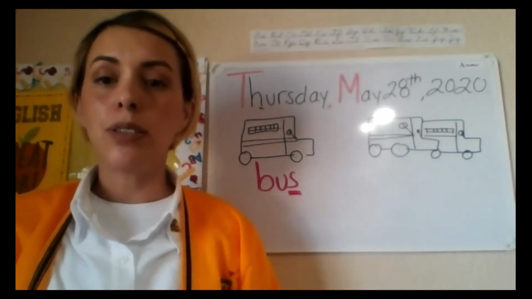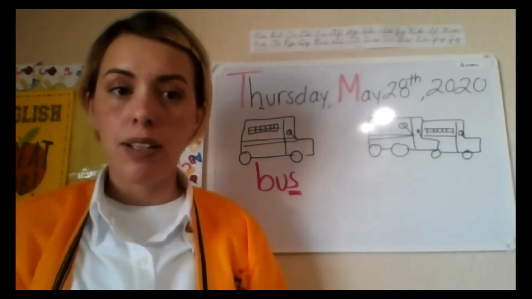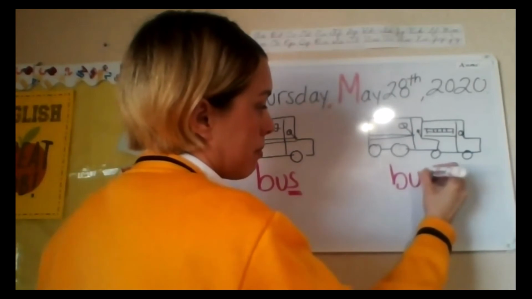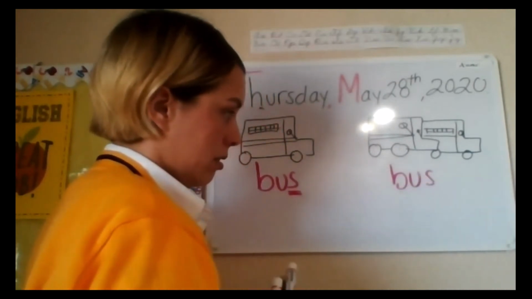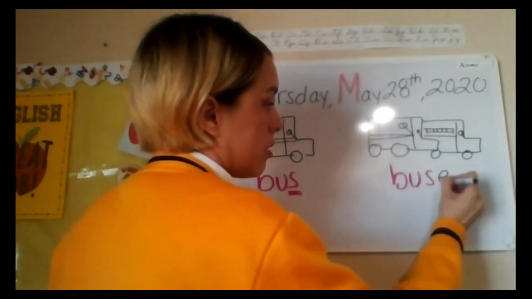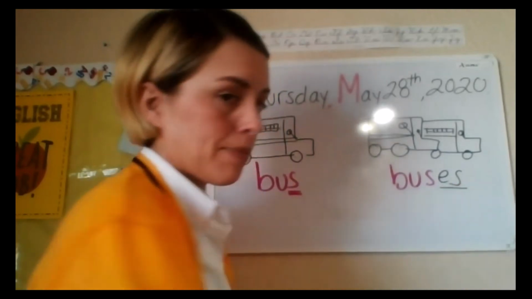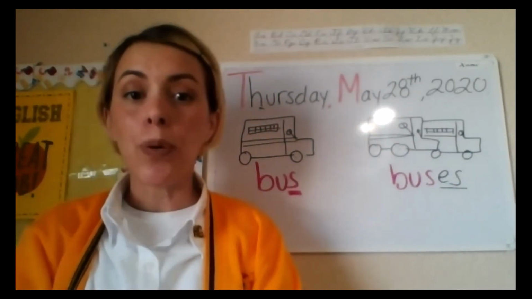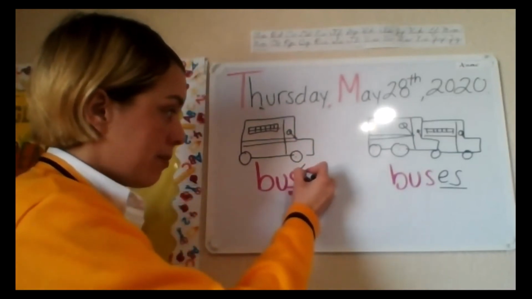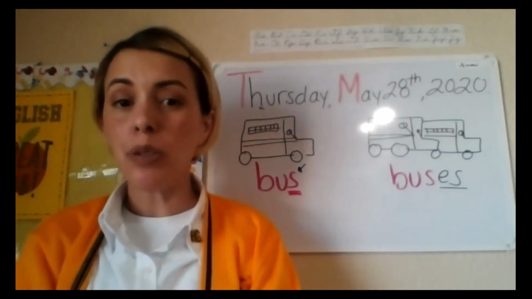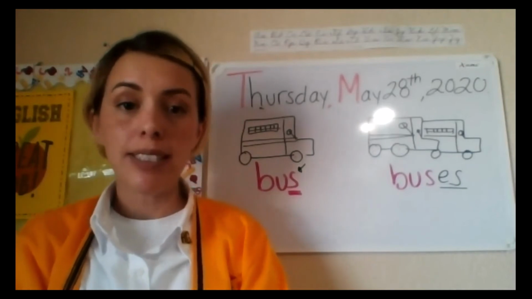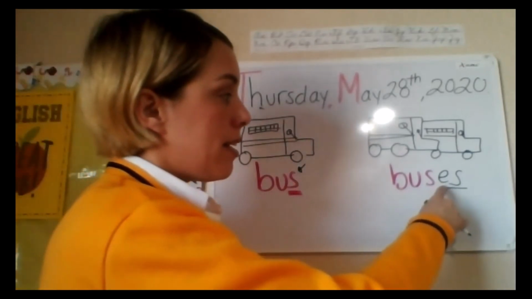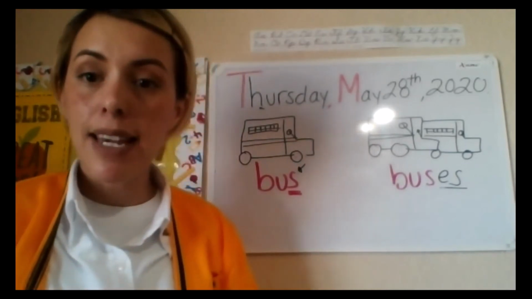No, it's going to become a plural. Now, these are buses. Remember that the words in plural end with S. But we have some nouns that already end with S, like bus. So that is why we have to add an ES at the end.